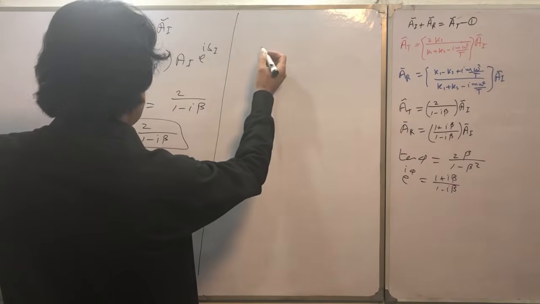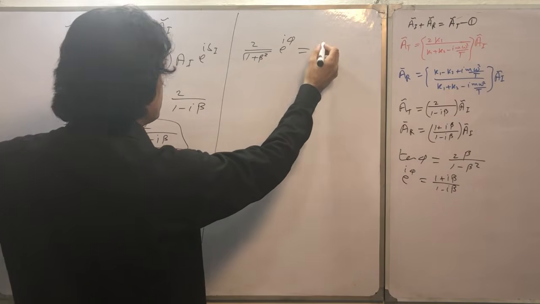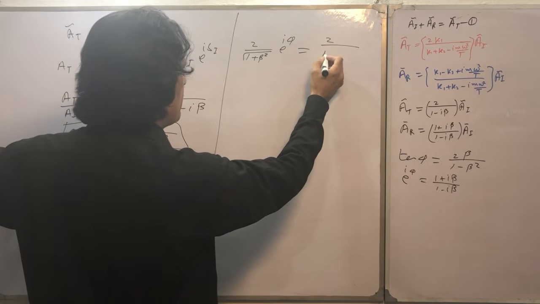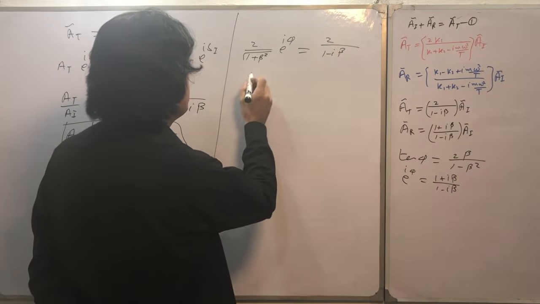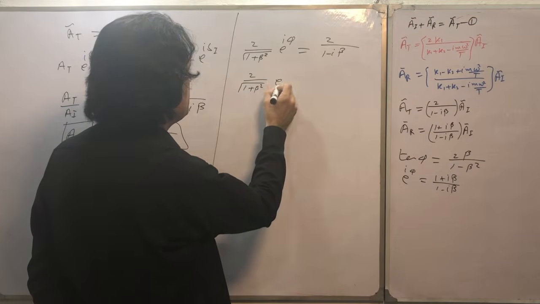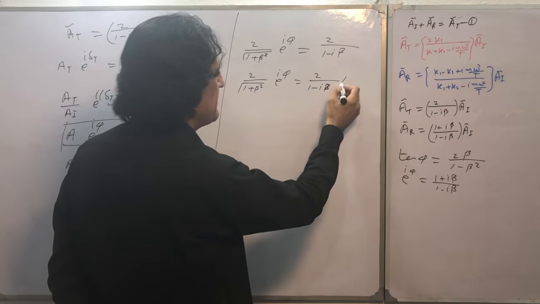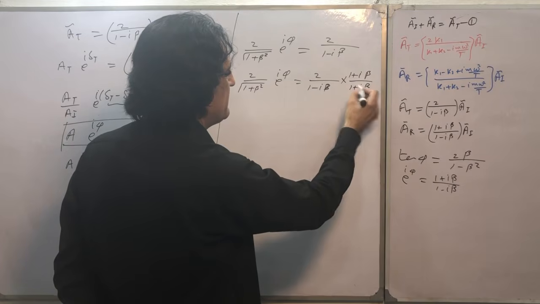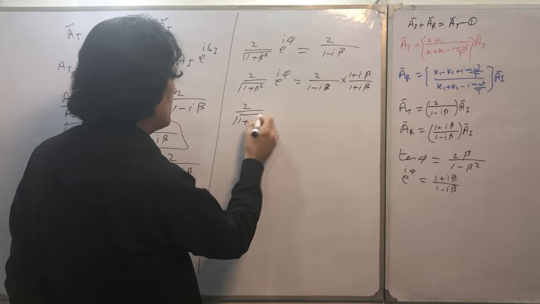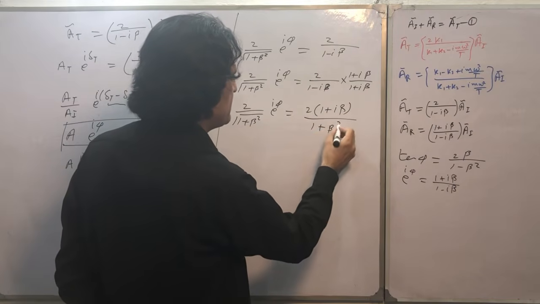Here, putting the value of A, 2 divided by the square root of 1 plus β squared times e^{iφ} is equal to 2 divided by 1 minus iβ. Since we have the real and imaginary parts, I will multiply and divide by its conjugate, 1 plus iβ over 1 plus iβ. Then 2/√(1 + β²) e^{iφ} is equal to 2 times (1 + iβ) over (1 + β²).